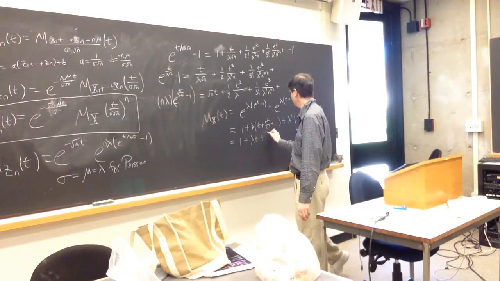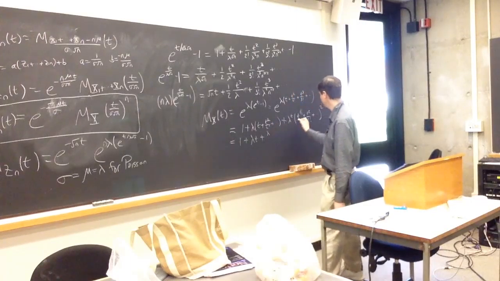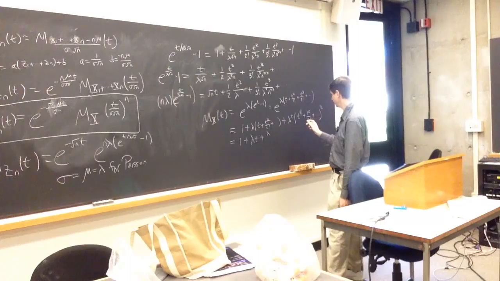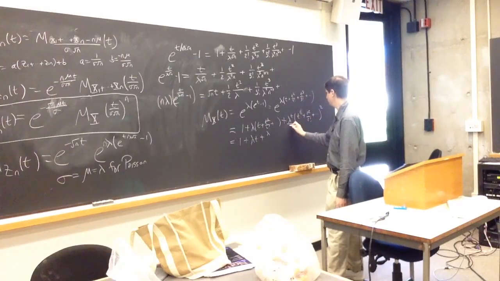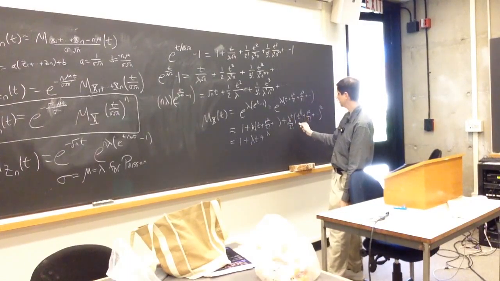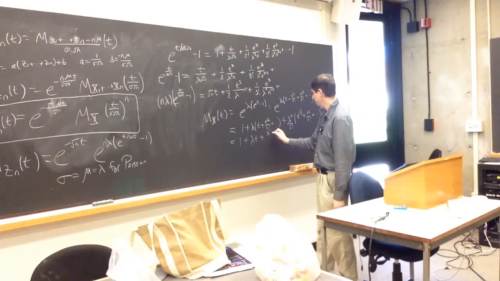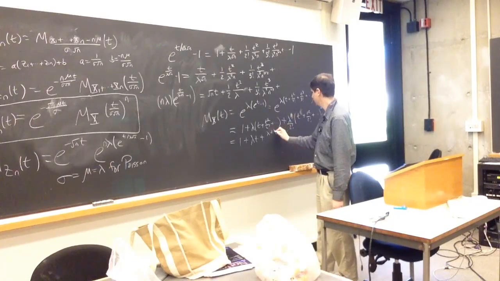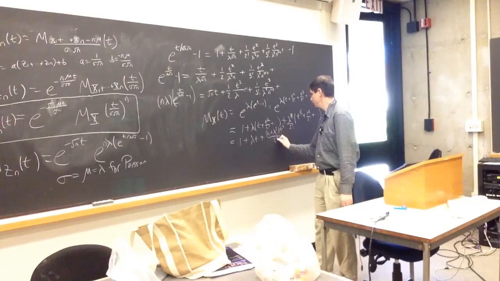Now we're going to have a lambda t squared over 2. And when we have this, we'll have a 2 factorial here from expanding it. So we have a lambda plus lambda squared t squared over 2 factorial.